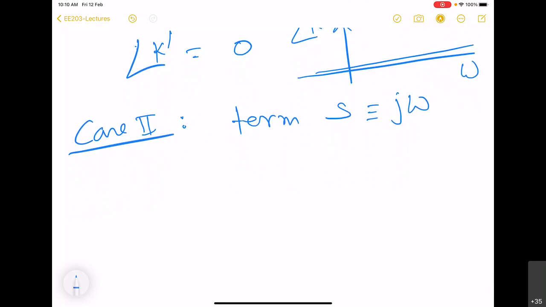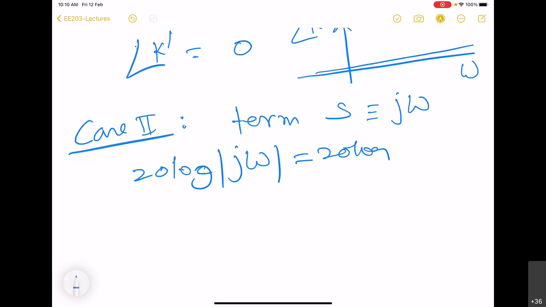When we go into the log axis domain, we have 20 log mod j omega, and here this is 20 log omega.